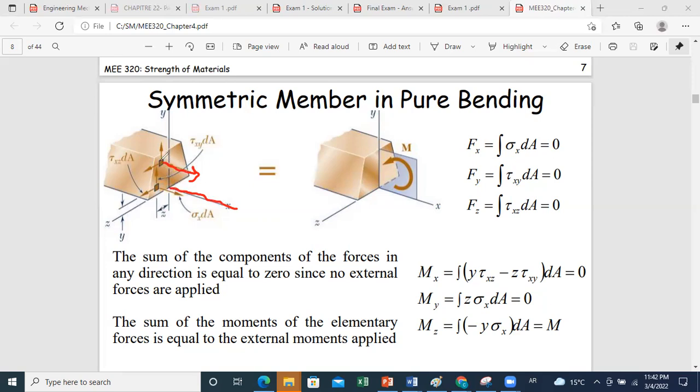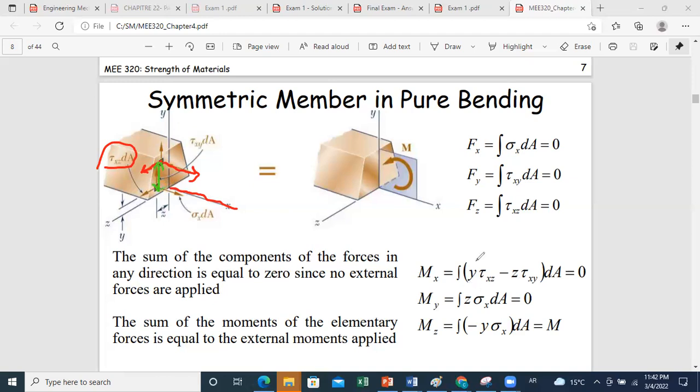So the first contributor to moment about x will be tau xz dA. This is the elementary force. And this elementary force will produce an elementary moment about x equal to tau xz dA times the distance between this elementary force and the axis x, and this distance is equal to y.